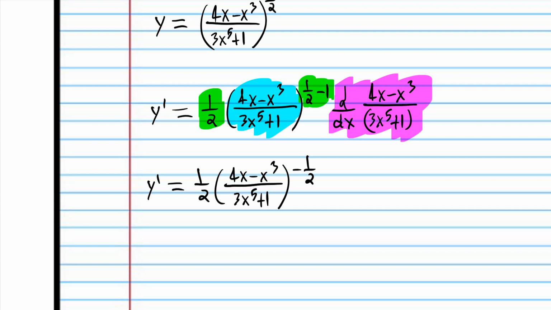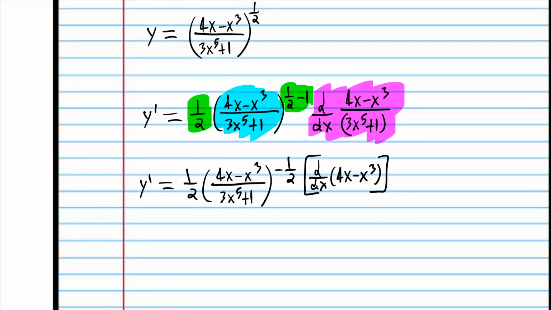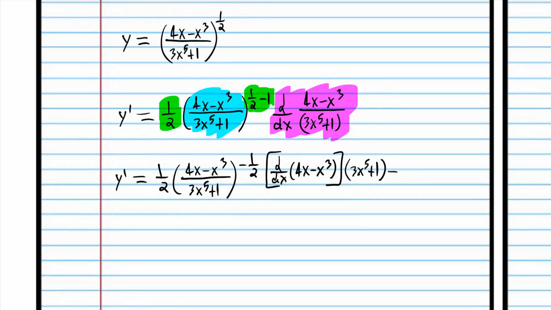So we're going to use the quotient rule. So we found that we need to find the derivative of the numerator and then multiply that by the denominator, and then we're going to subtract the numerator multiplied by the derivative of the denominator.